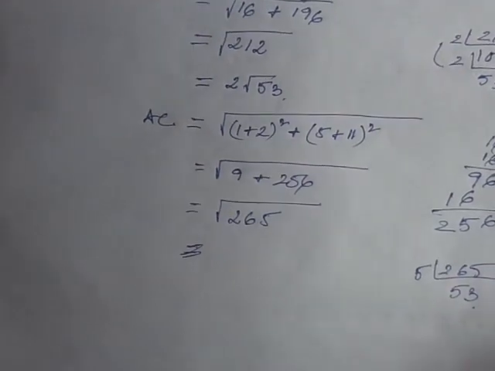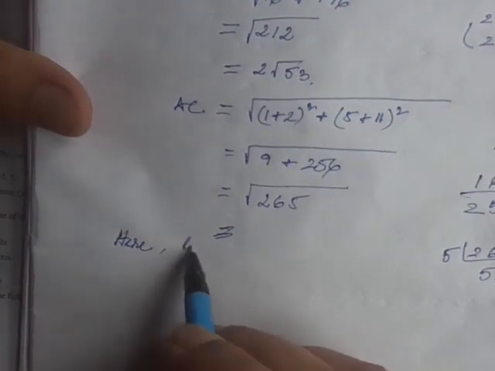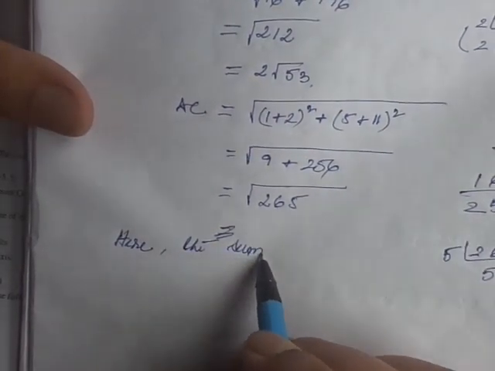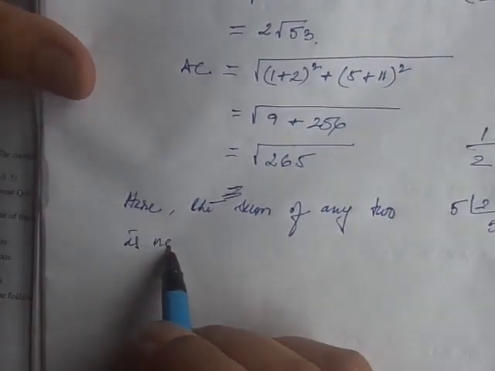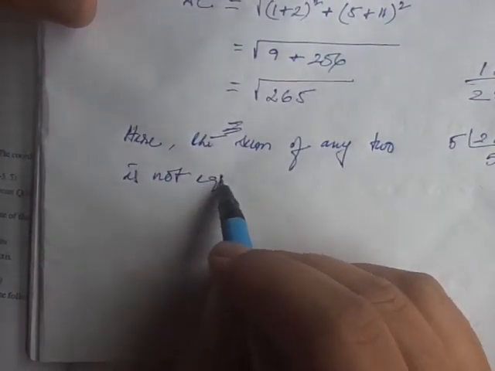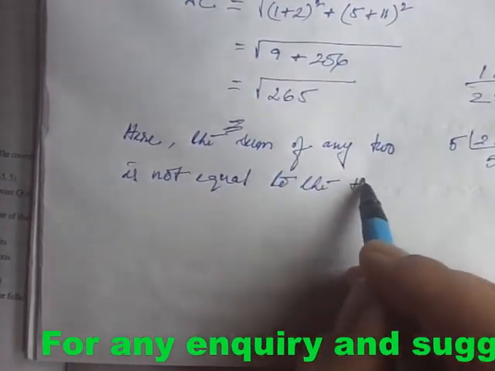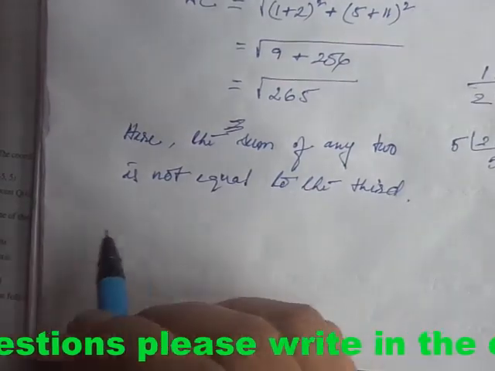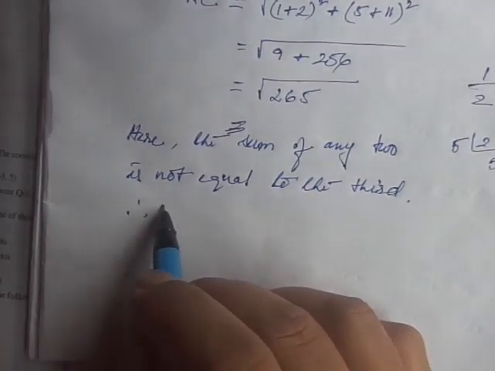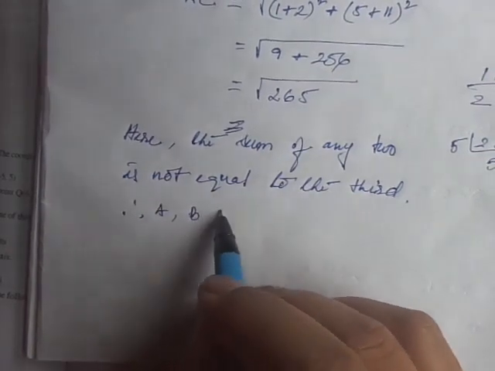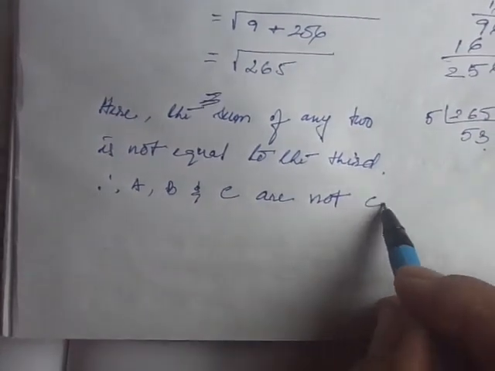So here the sum of any two is not equal to the third, not equal to the third. Therefore E, B and C are not collinear.